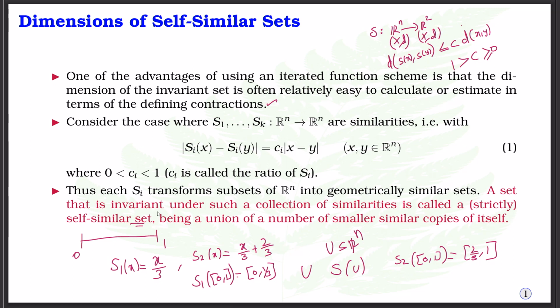A set that is invariant under such a collection means that the union of Si(A) for i equal to 1 to 2 equals A. Then the set A is called invariant under a collection of similarities, strictly self-similar, being a union of a number of smaller similar copies of itself.